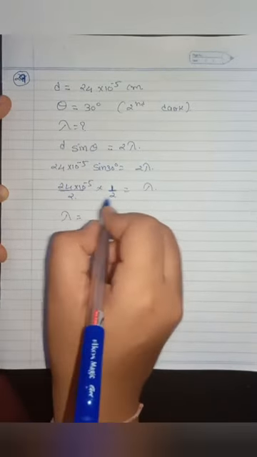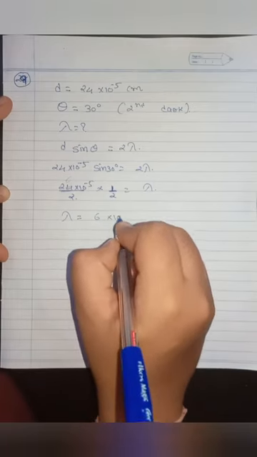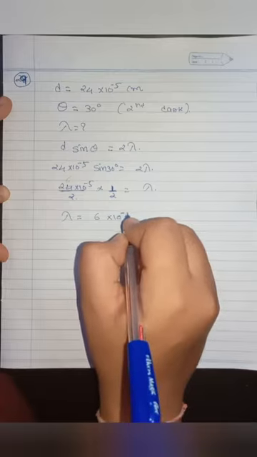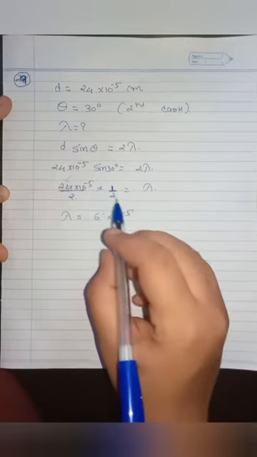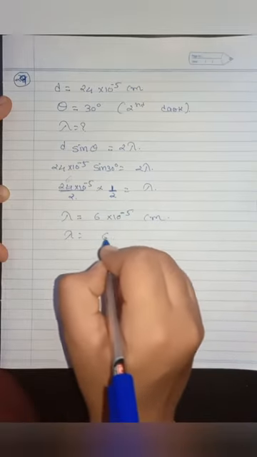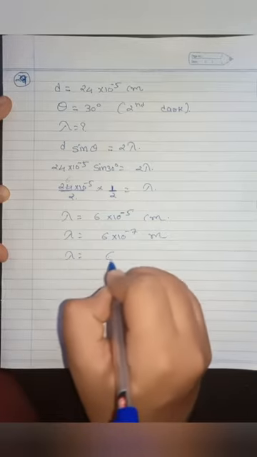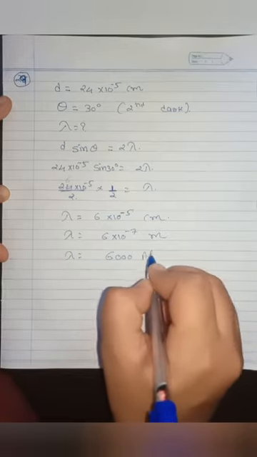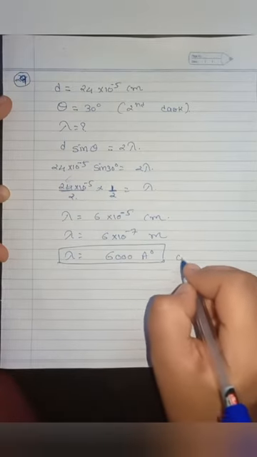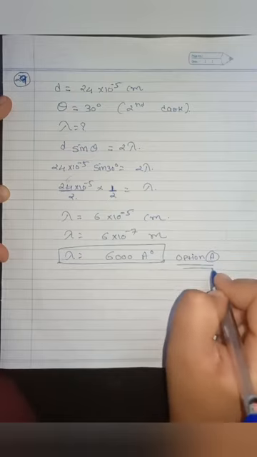So lambda will be equal to 6 into 10 power minus 5, but this is in centimeter. So lambda is equal to 6 into 10 power minus 7 meter, that is 6000 angstrom. So option A is the correct option.